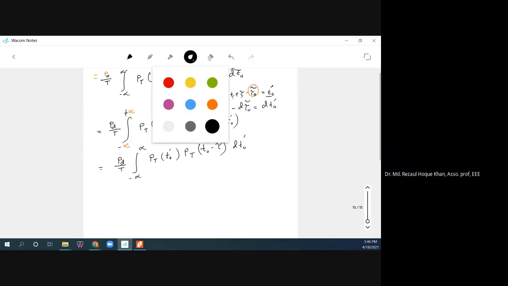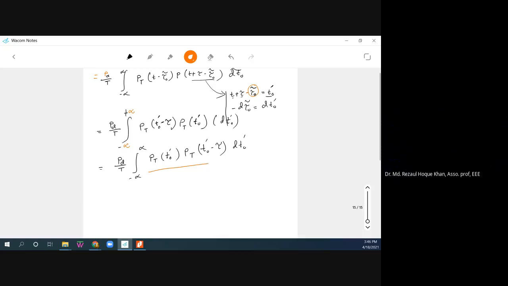Here we can see this expression does not depend on t. It only depends on tau.